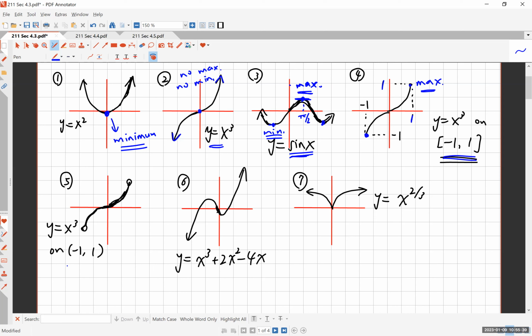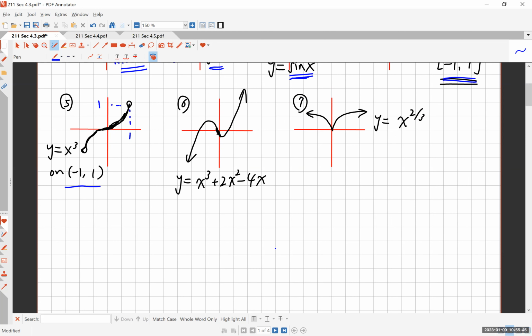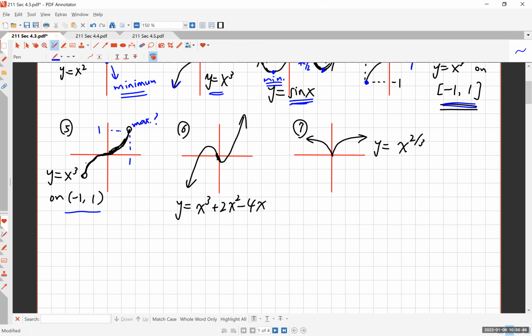Okay. What happens if you have an open interval? Isn't that the same thing? I mean, this point is 1, 1, and so you could say the maximum is 1, and the minimum is -1, occurring at -1. Okay. Well, you could if the points are filled in, right?